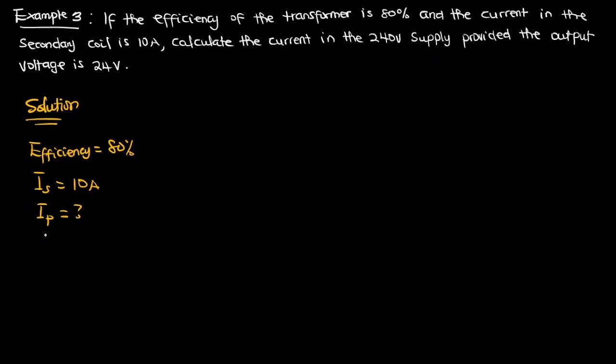So supply means what? EP is 240 volts, if the output, which is ES, is 24 volts. Are we okay? All right. So if you look at this, we have a primary voltage of 240 and a secondary voltage of 24. So obviously this is a step down transformer.